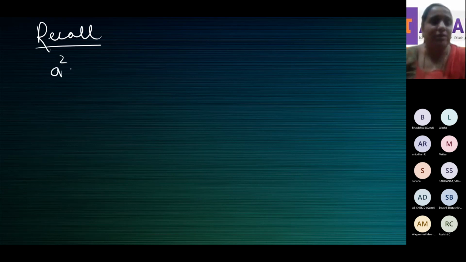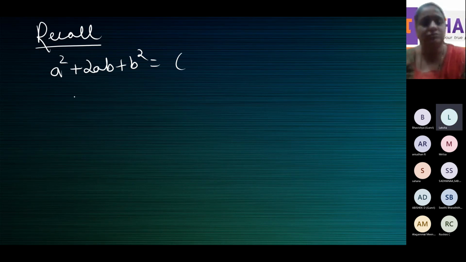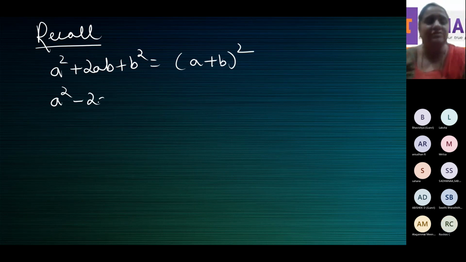Now let's recall the algebraic identities we learned in 8th standard. We know that a square plus 2ab plus b square is equal to what, children? It is equal to a plus b the whole square. What is a square minus 2ab plus b square?